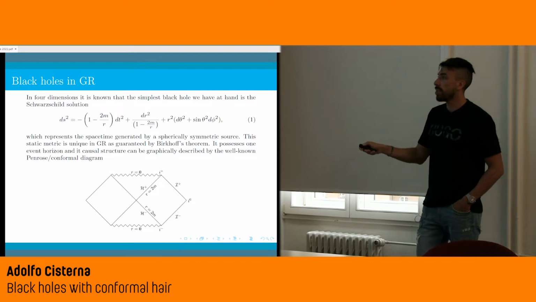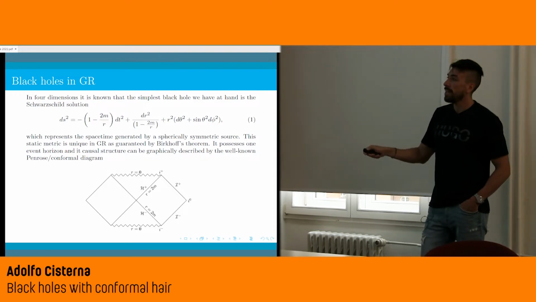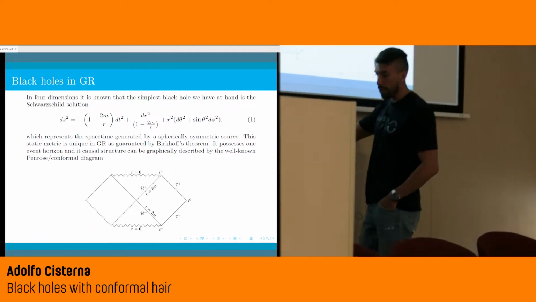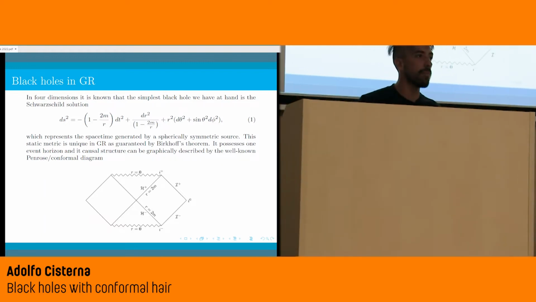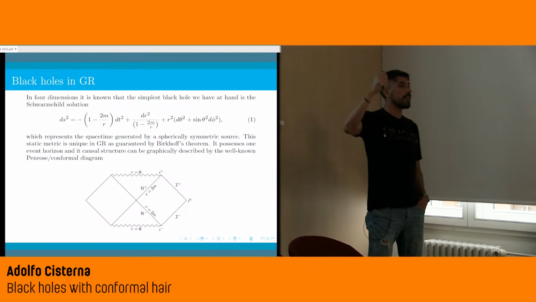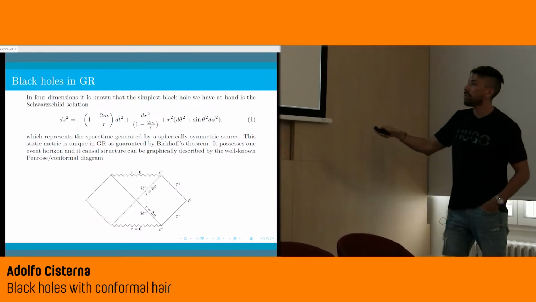This point is called spatial infinity, and i minus and i plus are represented by past and future time-like infinities. So when I am going to infinity in time and when I am going to infinity in the past, these are given by these two points.